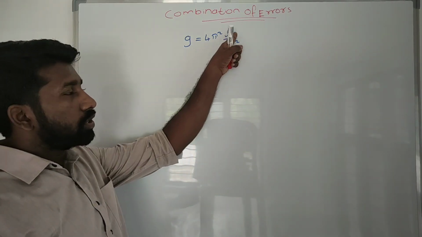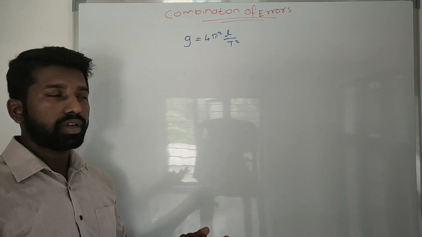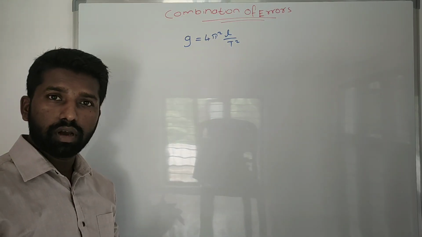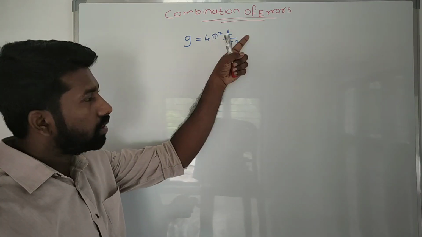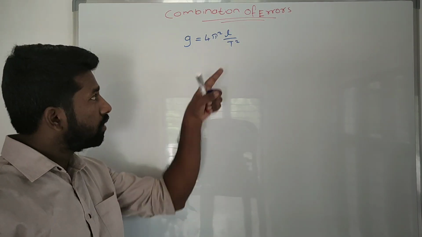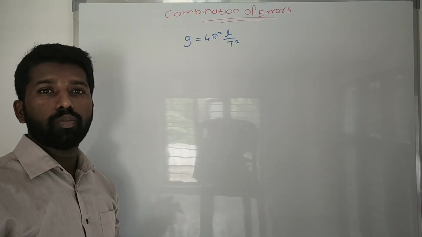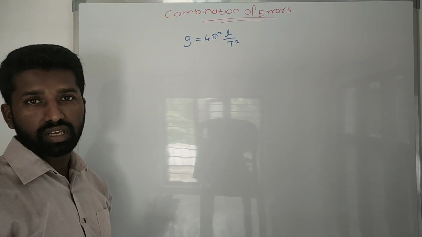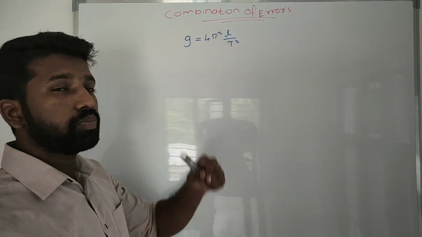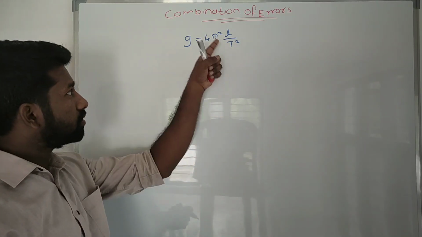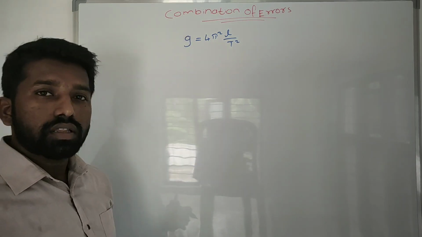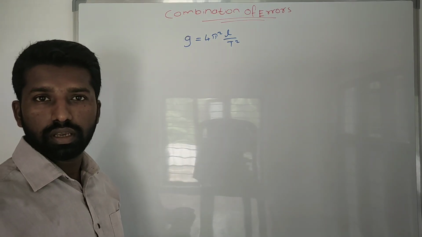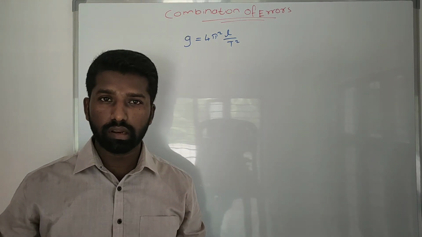The measurement of length involves some error, and the measurement of time also involves some error. You have to do this division and this squaring operation. What will happen to this error, or how is it propagated to the result? What is the change in the error in g? That we will study in the combination of errors.